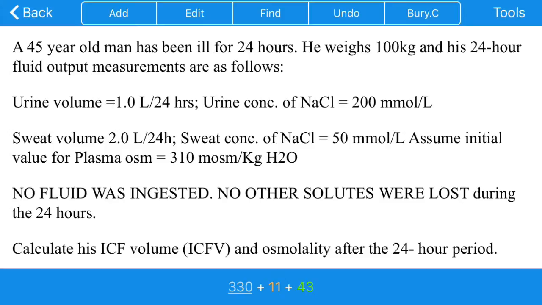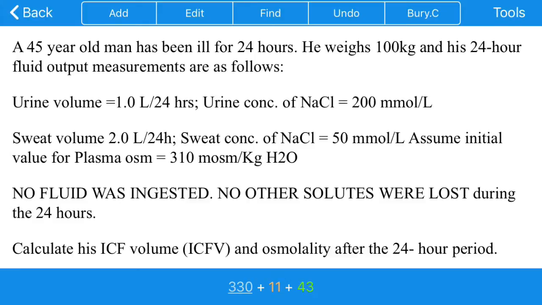One third of that, or 20 kilograms, is extracellular, including plasma.